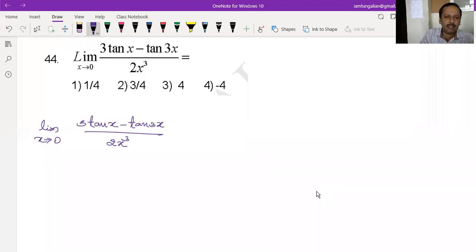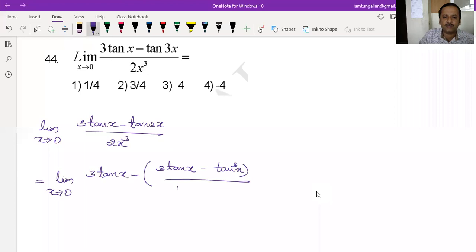Let us make use of the tan 3x formula. For tan 3x we know the formula, so I'll make use of that. Tan 3x formula is (3 tan x minus tan cube x) divided by (1 minus 3 tan square x). Right? This is the formula you have.